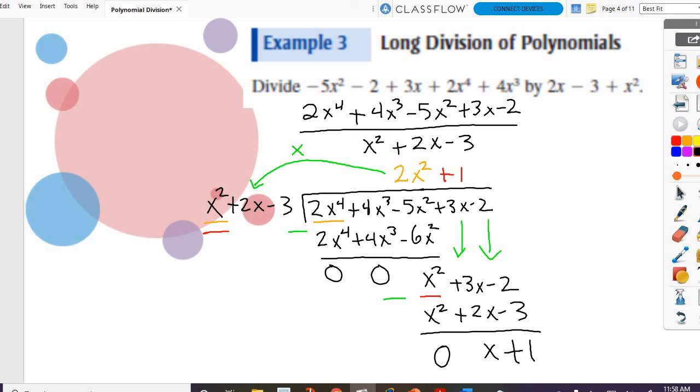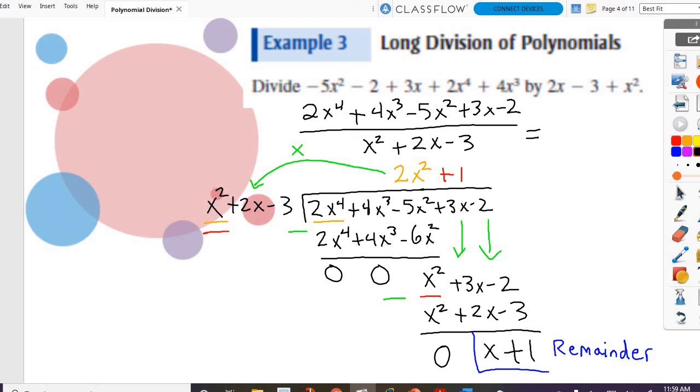So notice that x plus 1 has a degree of 1. My stuff on the outside has a degree of 2. So there's not anything that we could multiply x squared by to get x. So what does that mean x plus 1 is? Remainder. It is our remainder. Okay, so then we said that we're going to write this out.